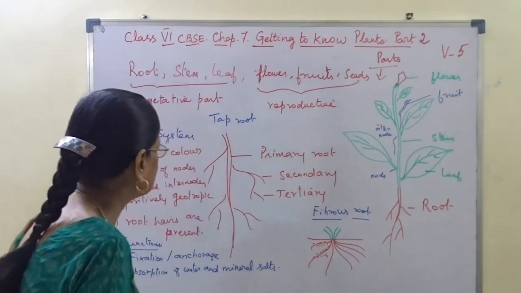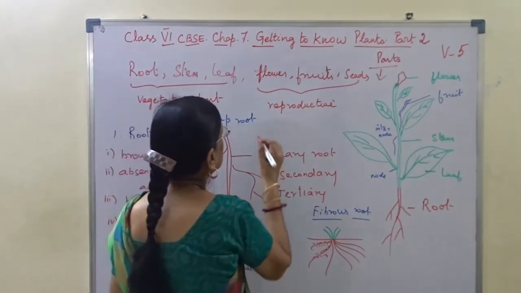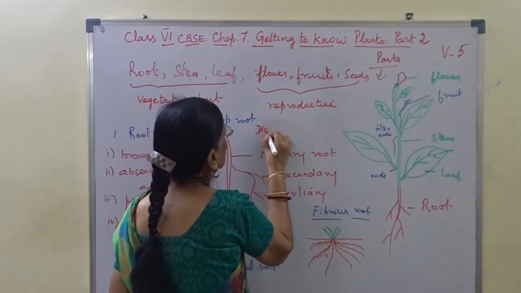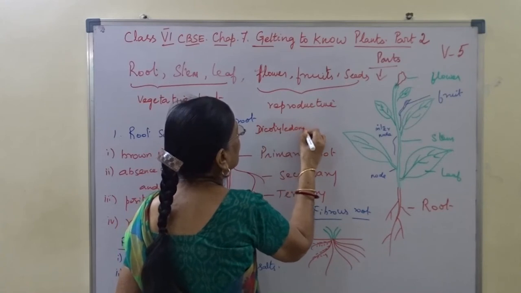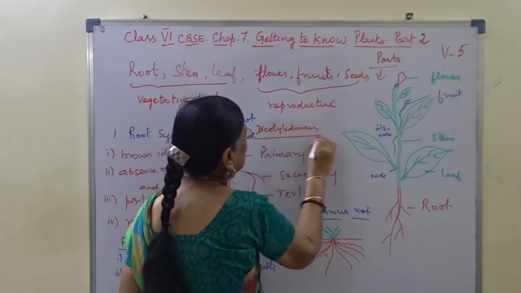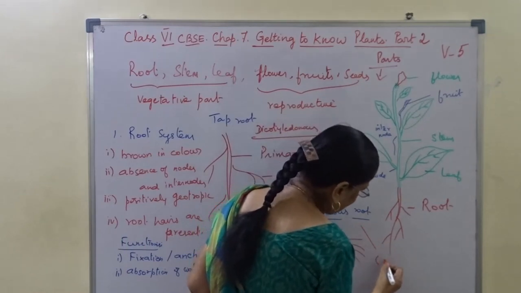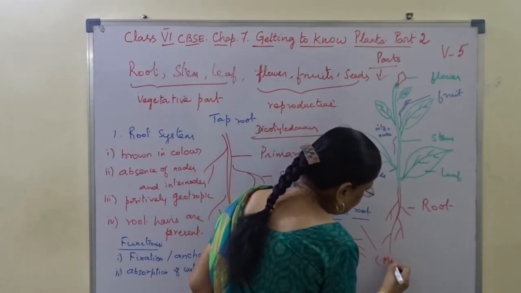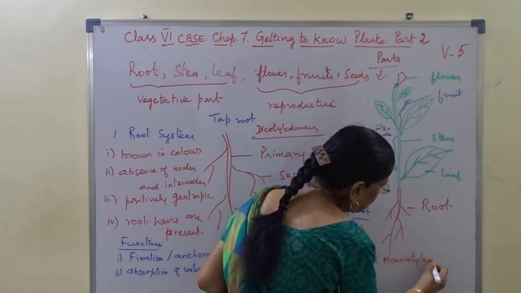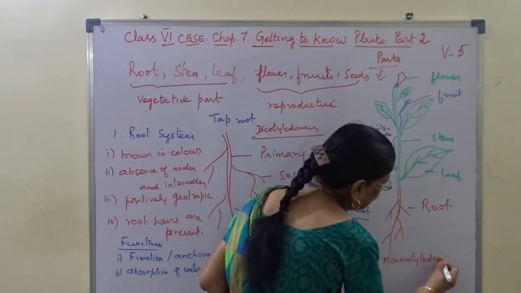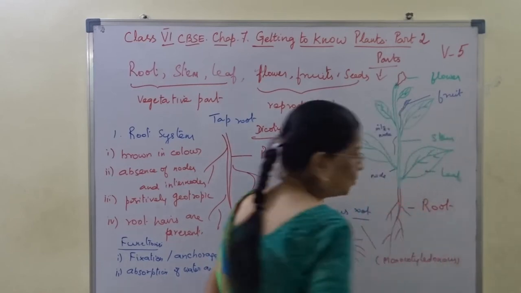Okay. Now I say this taproot system is characteristic of dicotyledonous plant, otherwise we say dicot plant. Whereas this fibrous root system is characteristic of monocotyledonous plant, or monocot.